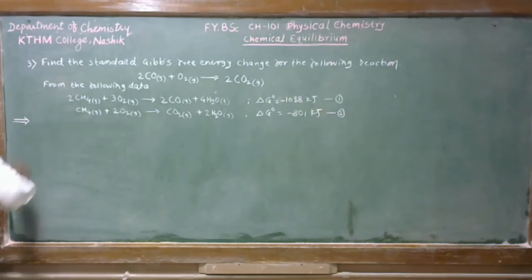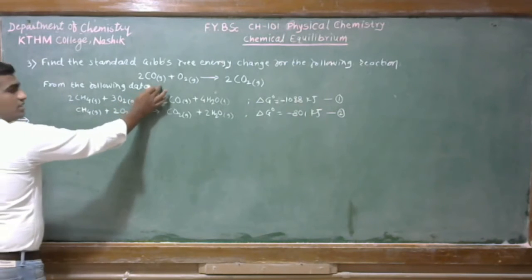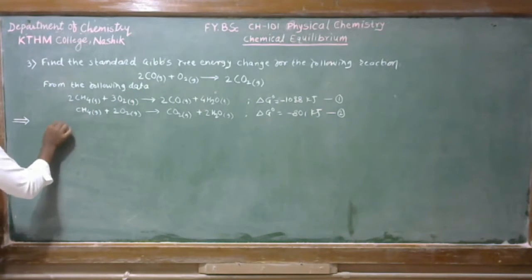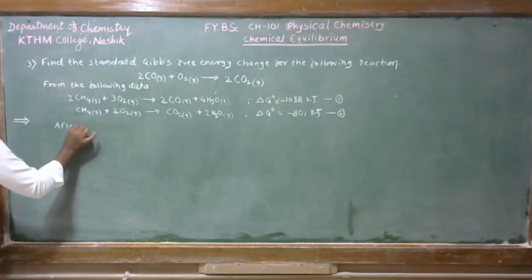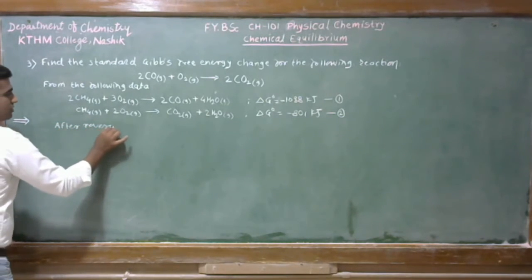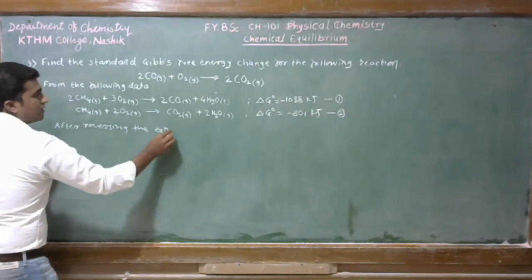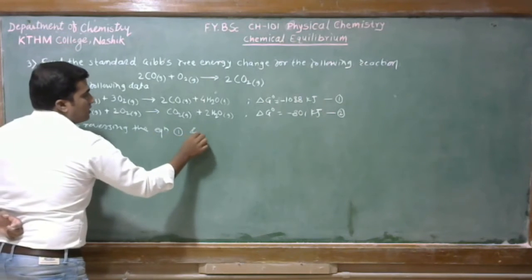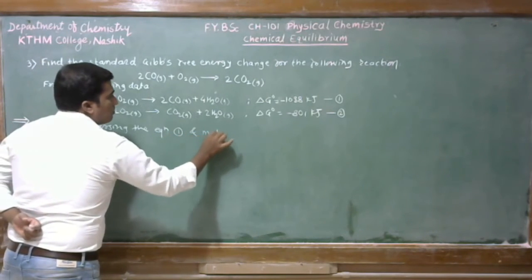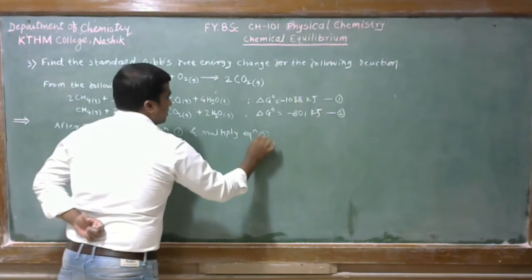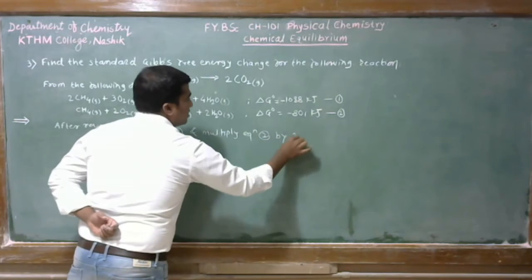Okay, so in this problem we have to calculate the standard Gibbs free energy change for this reaction. So first of all, we reverse equation 1 and multiply equation 2 by 2.